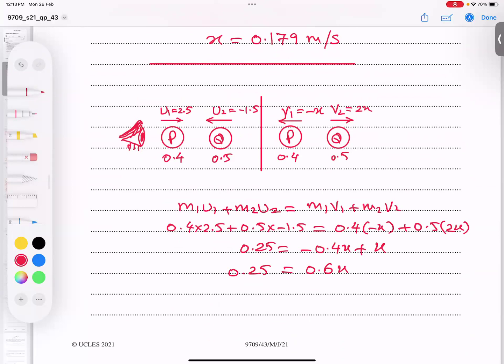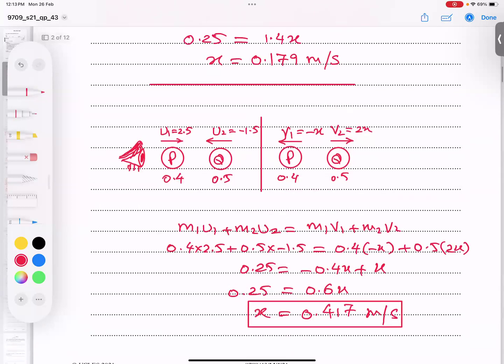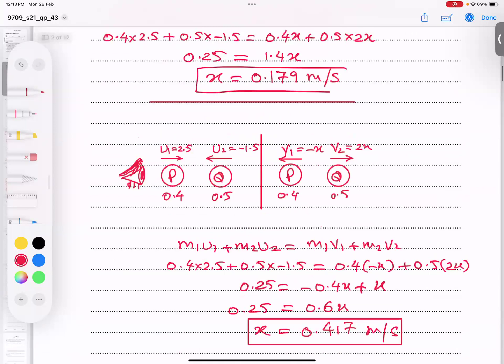If I divide 0.25 by 0.6, x comes to 0.4166, so rounding to 3 significant figures this is my final answer. I believe the point is very clear, both answers are understood and the concept is clear.